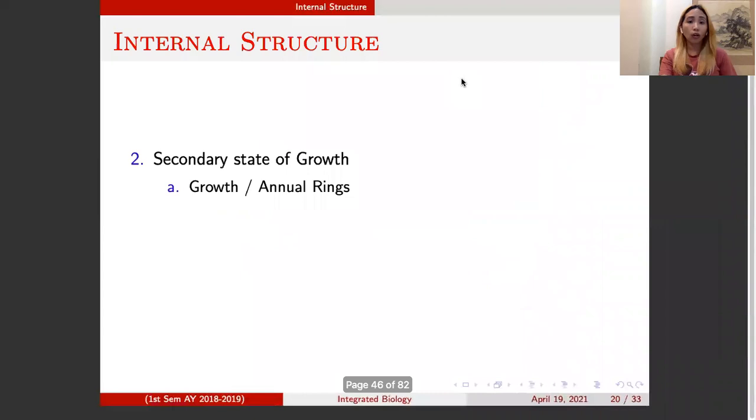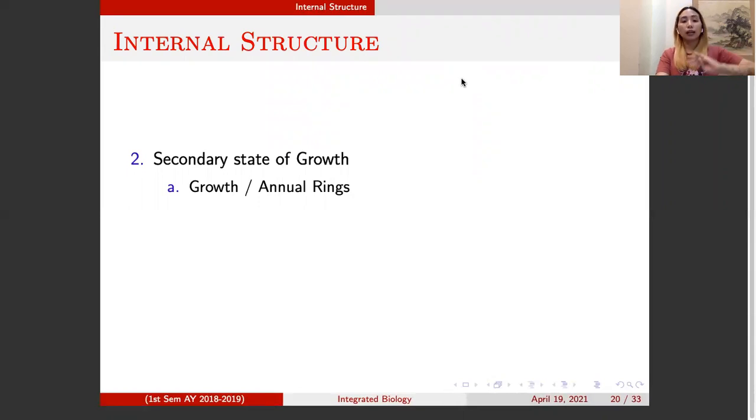Okay? And along with that, nagkakaroon ng formation ng tinatawag na growth or annual rings. Growth or annual rings are actually basically xylem layers, secondary xylem layers that were formed in one particular year of a plant growth.